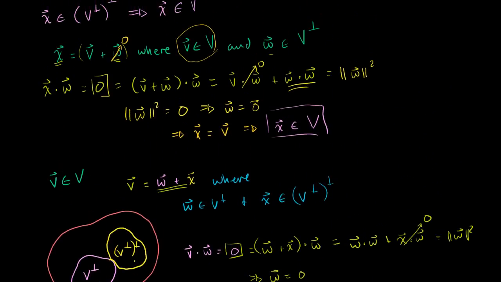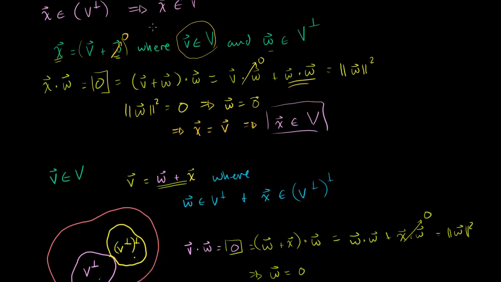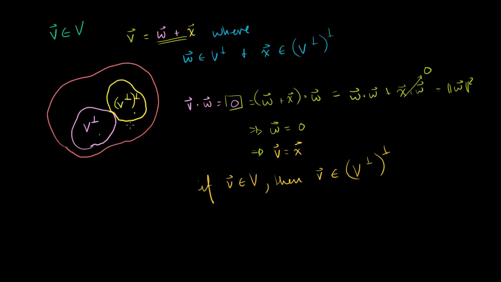If you look at the original statement, we wrote here that if you're a member of the orthogonal complement of the orthogonal complement, you're a member of the original subspace. So we proved this, and earlier in the video we proved that if x is a member of the orthogonal complement of the orthogonal complement, then x is a member of our subspace.